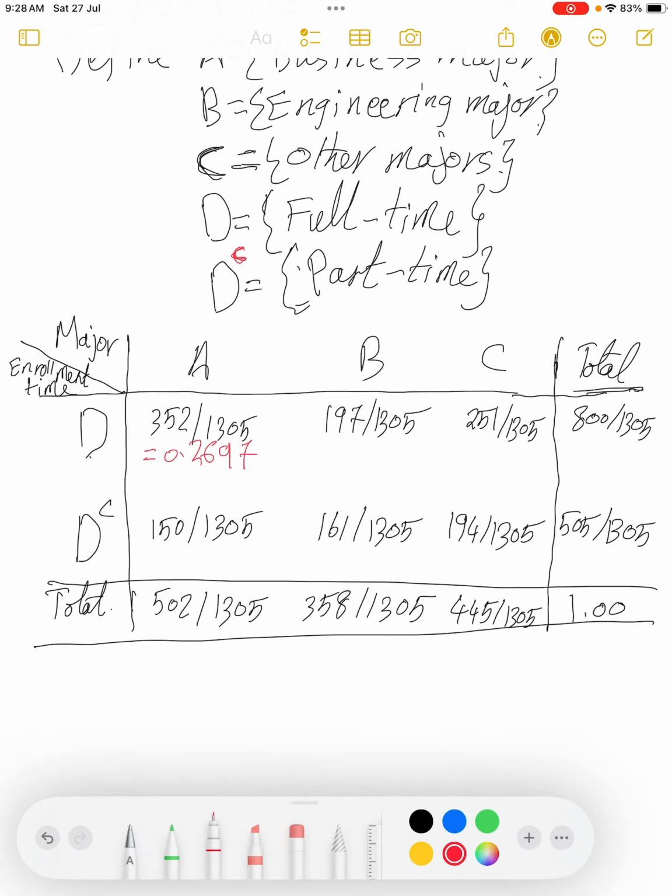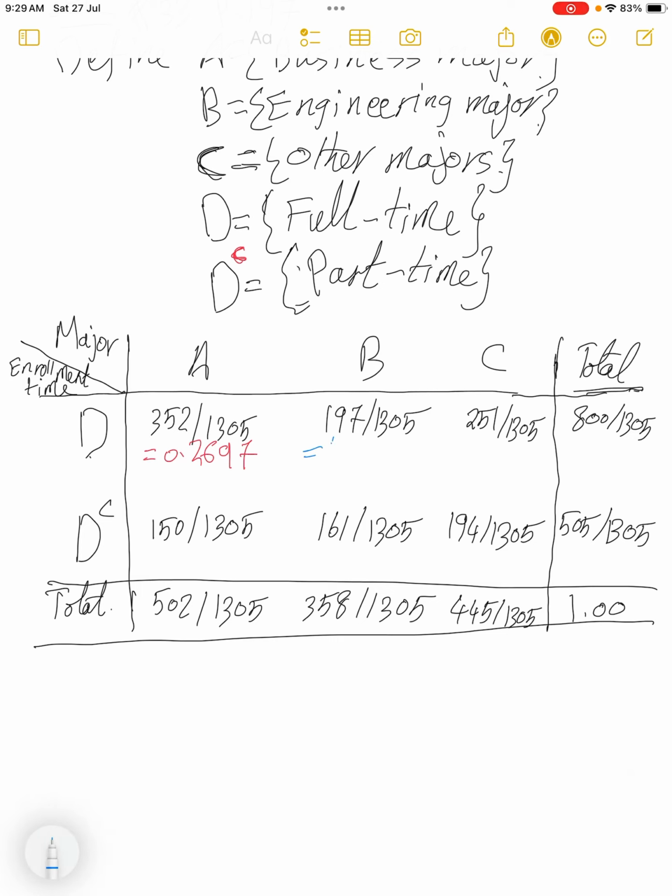Here 197 divided by 1,305, which is 0.1510. Also we have 251 divided by 1,305. It will be 0.1923.